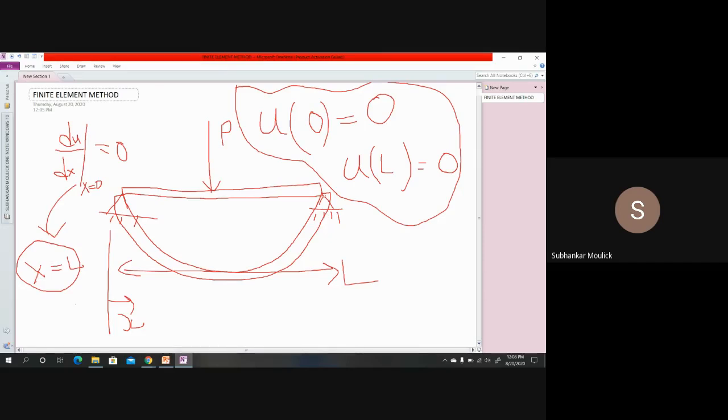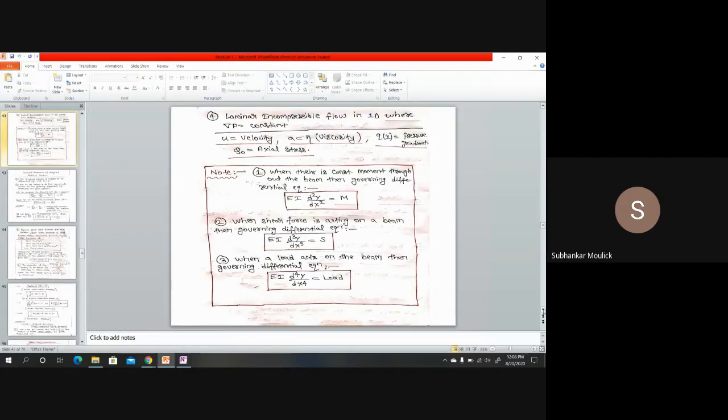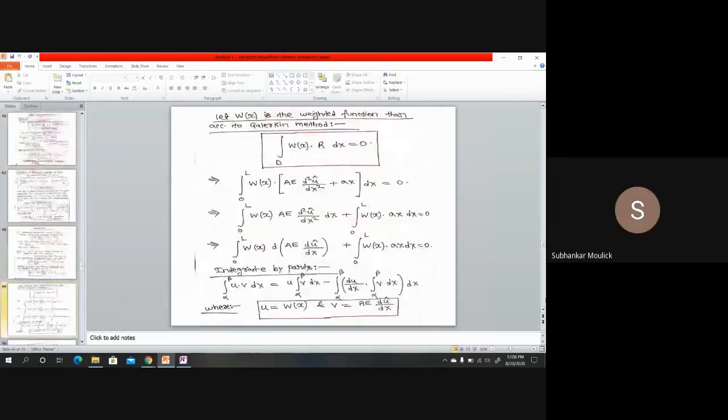By the wording of the question, you have framed the diagram of the question, and after framing the diagram, you have determined the essential and natural boundary conditions. Is it clear? Any doubt? No sir, no doubt.